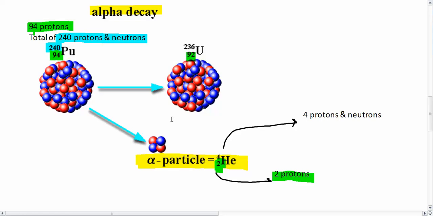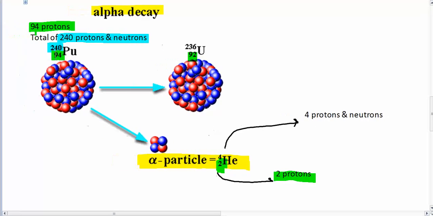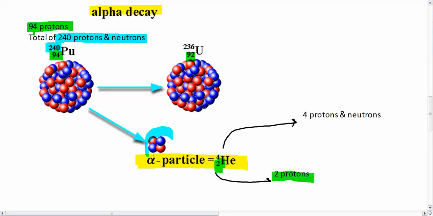Well, an alpha particle has a total of 4 particles inside of it. So if plutonium loses an alpha particle, that means it's losing 4 particles. So the mass number goes down to 236. So again, recap. The number of protons, the atomic number, goes from 94 to 92 because 2 protons leave with the alpha particle.